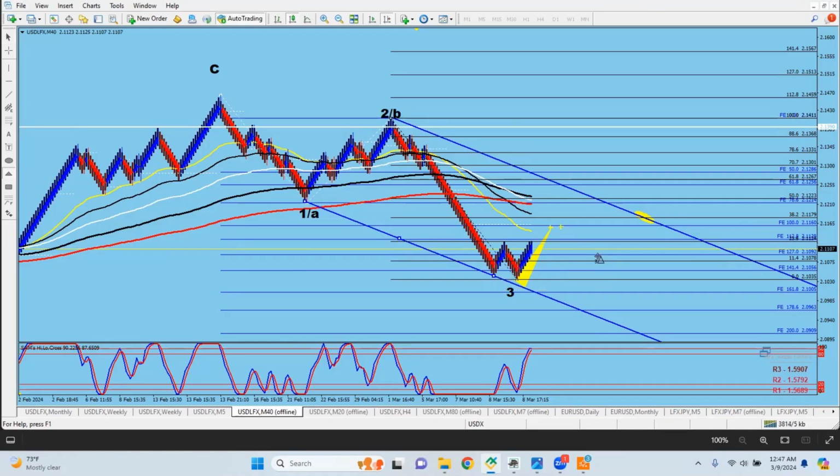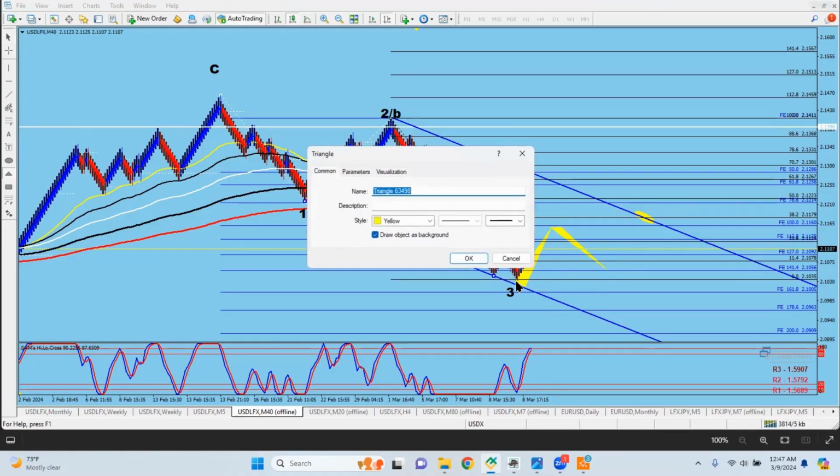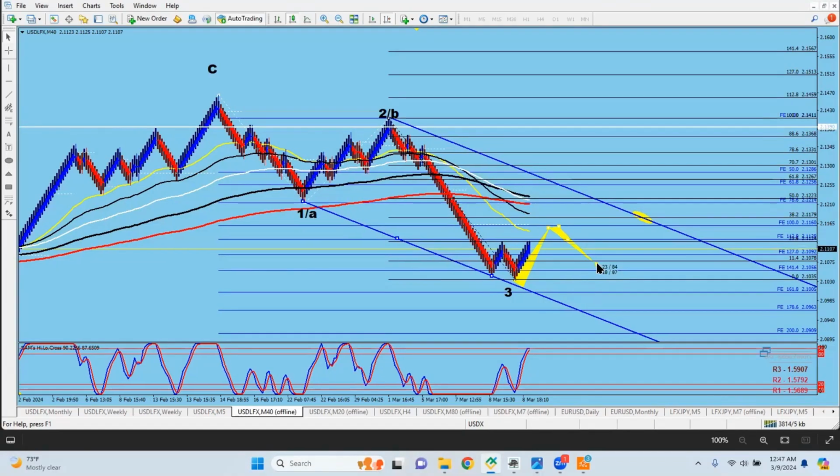Then it will be coming down here. Or a flat. For a flat, it will come down all the way here, right? And then might go here. That would be a flat to the downside. ABC, and still not in the territory of wave 1. So that would be a wave 4.